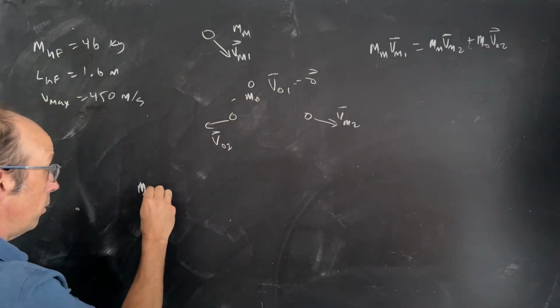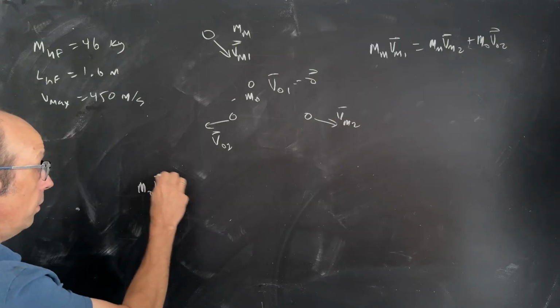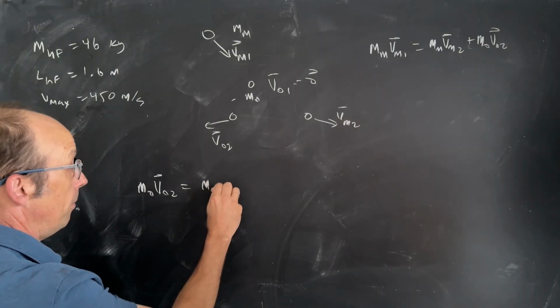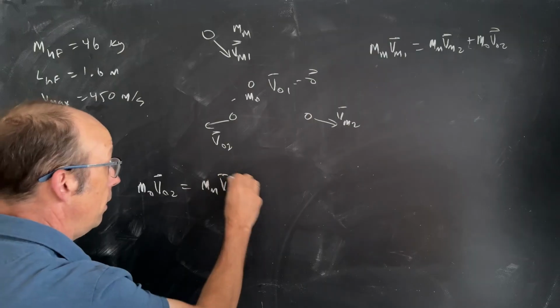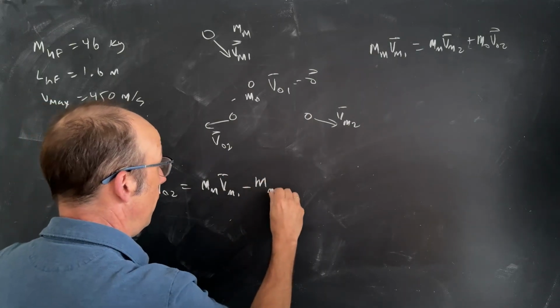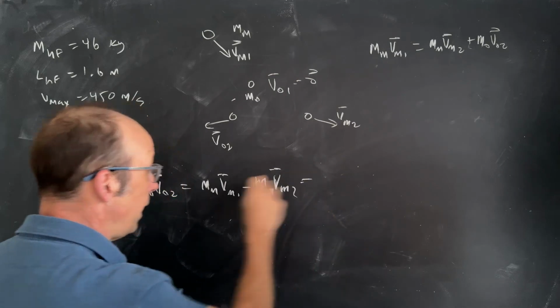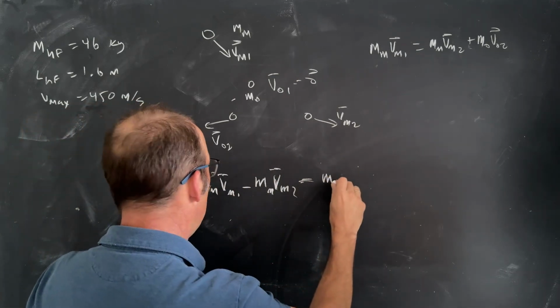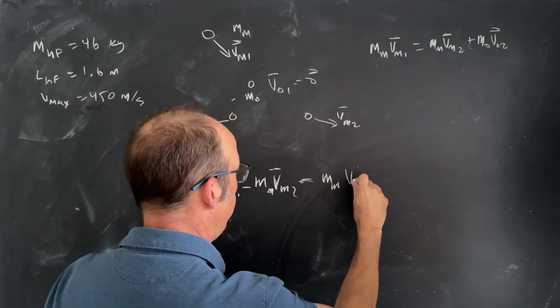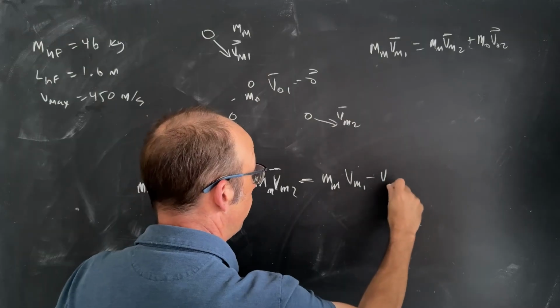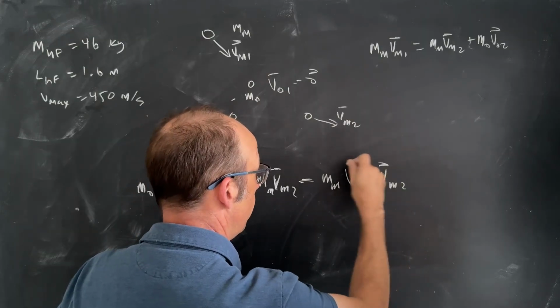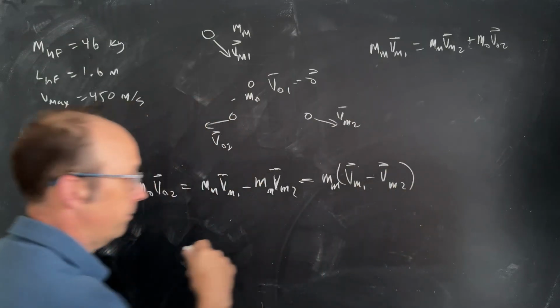So I get M_O V_O2 is equal to M_M V_M1 minus M_M V_M2. And I can factor out the mass: M_M times (V_M1 minus V_M2), like that.